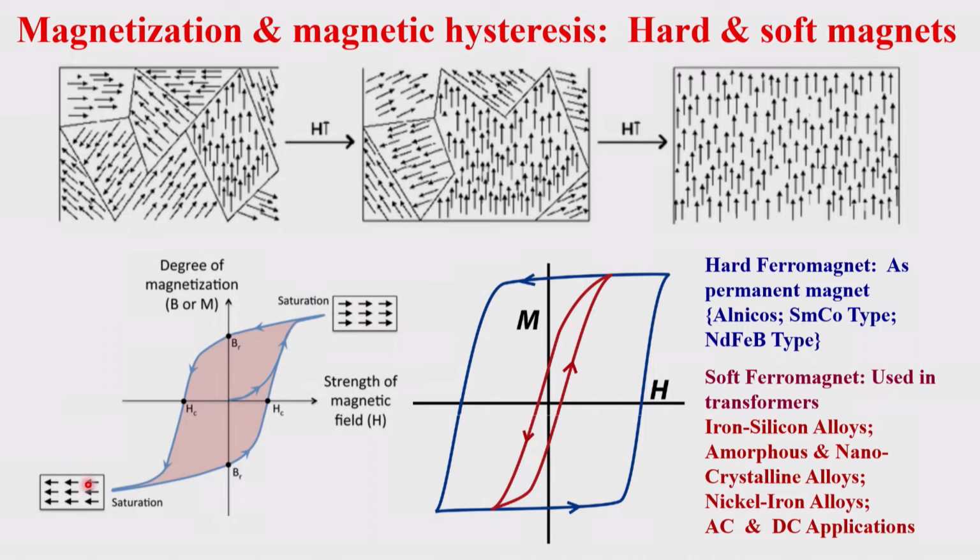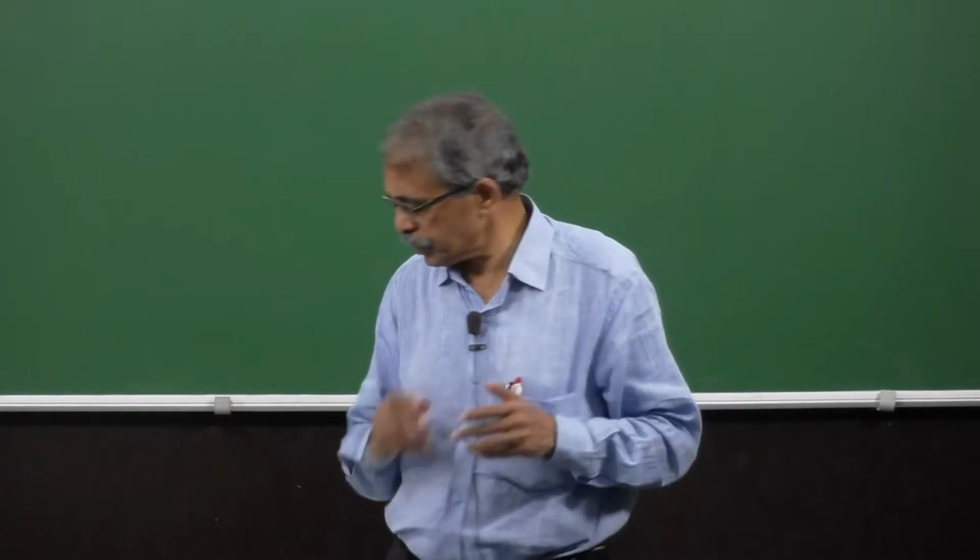Now again you reverse back, so this is one whole cycle of the loop, and the path when you reverse back does not go back along the same way. This kind of situation, when it does not go by the same path, is referred to as hysteresis. So, here this is a magnetic hysteresis.